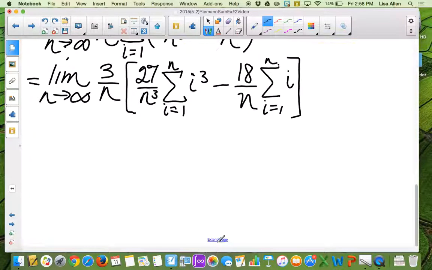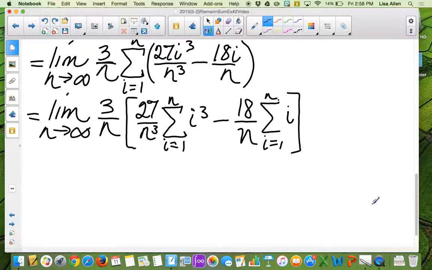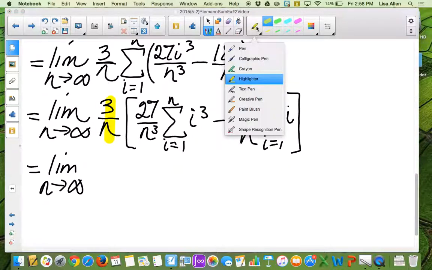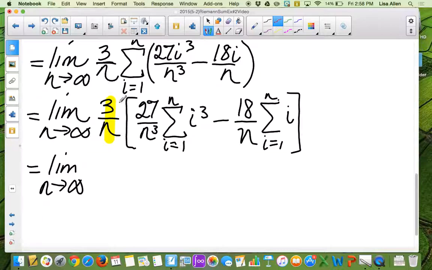I'm going to extend this page just a little. Now I'm taking the limit as n approaches infinity. I'm going to distribute this 3 over n to both summations that are separated here. And what do we get?